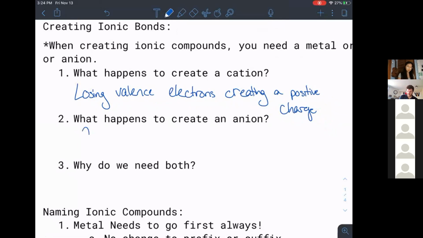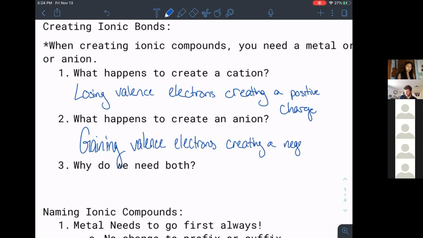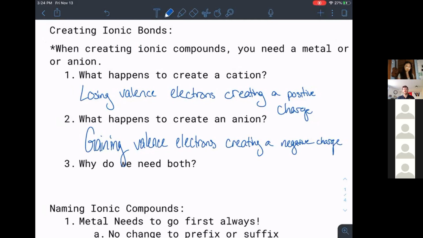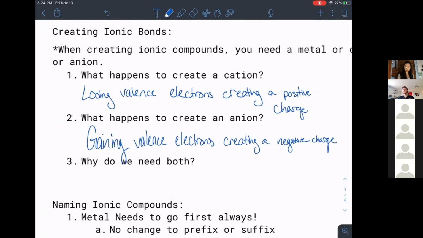So gaining valence electrons, creating that negative charge. Cations are when we lose valence electrons to get that positive charge. Anions are when we gain valence electrons, creating a negative charge.